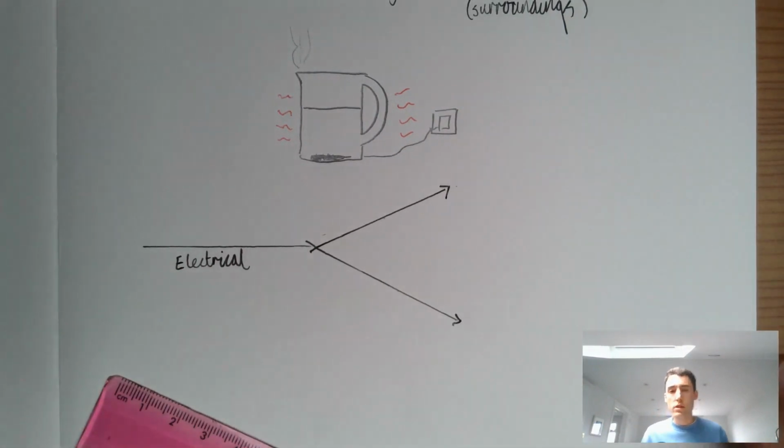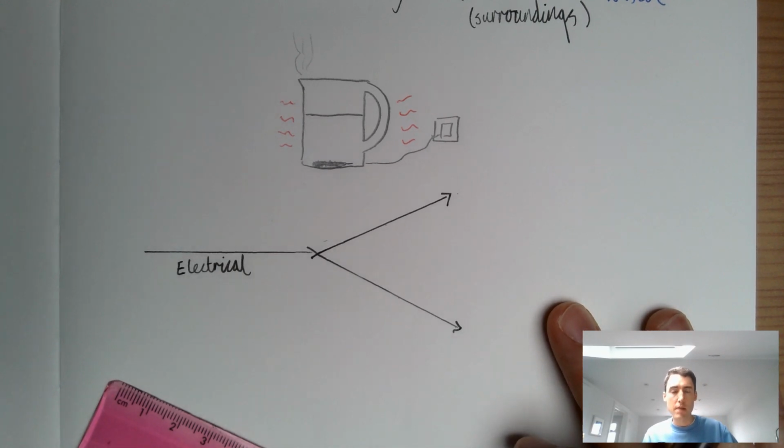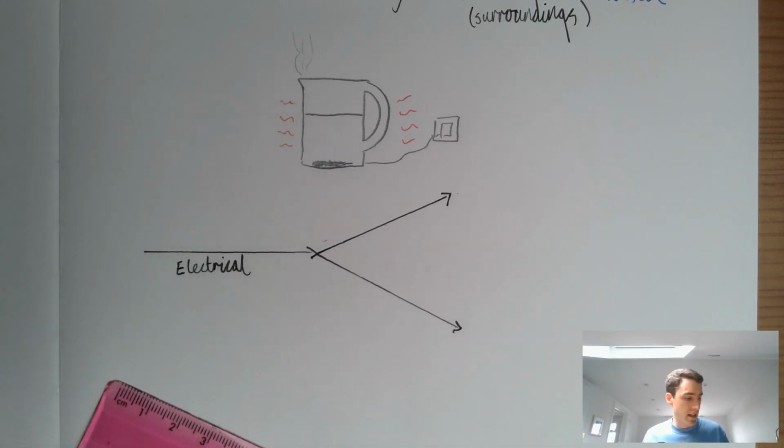Now, again, what's important here, one mistake students are likely to make is that they might think of sound as the wasted energy. Now, yes, there is some sound that comes from a kettle. That isn't what we use it for, unless maybe we find the sound of a kettle quite soothing.